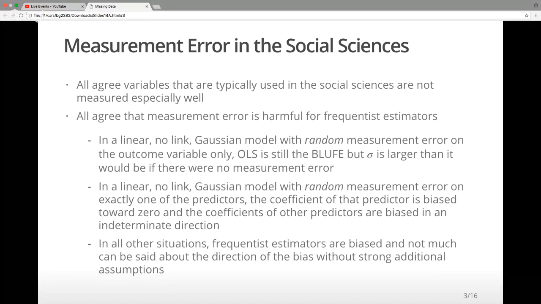So we have a situation, lots of measurement error, lots of problems from measurement error, and very little discussion about it, very little action taken as a result of it. And it's basically just don't talk about it. Then it doesn't exist.